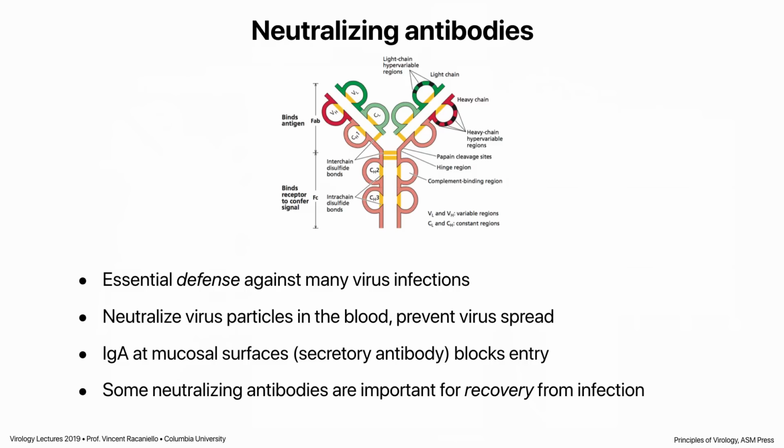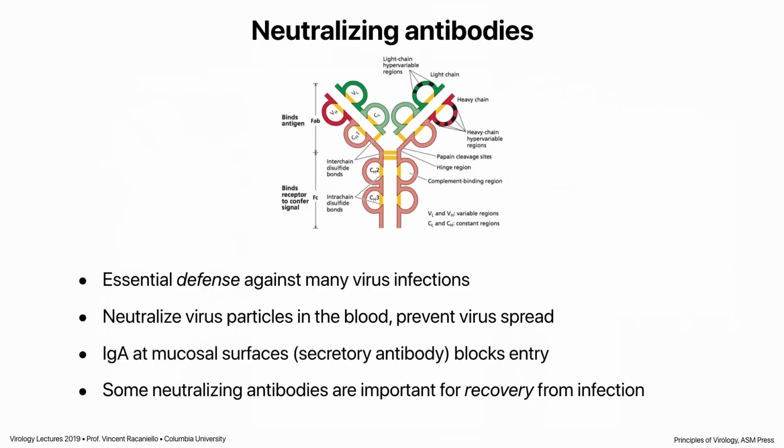And what I mean by that is that it blocks infection. That's what neutralizing means. Neutralizing antibodies. There's a whole set of antibodies made against the virus, but a fraction of them are going to be neutralizing. Many of them will bind the virus particle, but will not block infectivity. These are an essential defense against many viral infections.